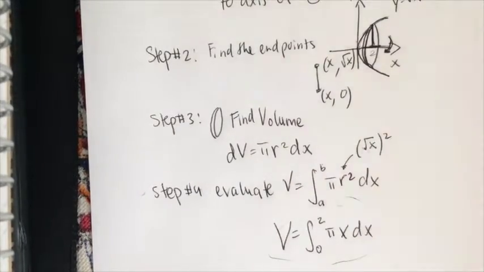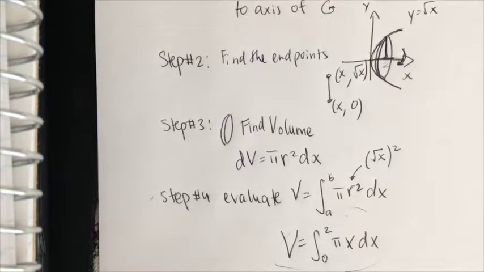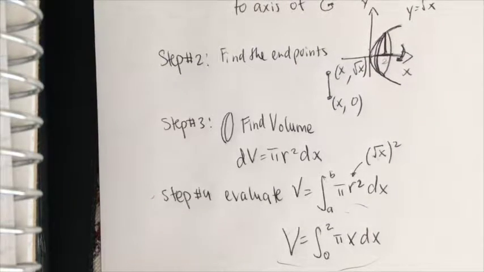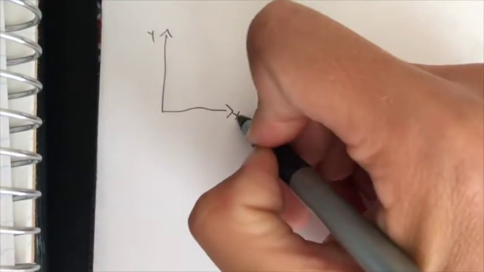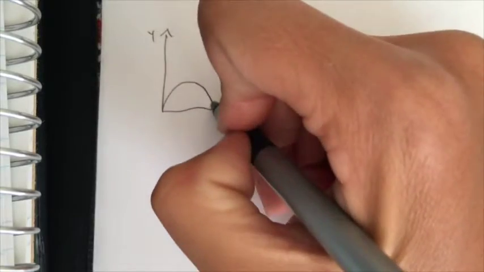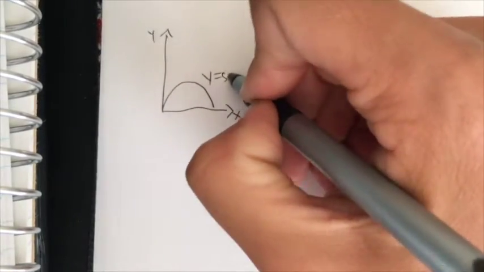And we already learned in chapter 5 how to solve this kind of integral. Okay, now that we covered 4 simple steps, we can go to an example. So example 1, we'll have a curve, the curve whose equation is y equals sine x.